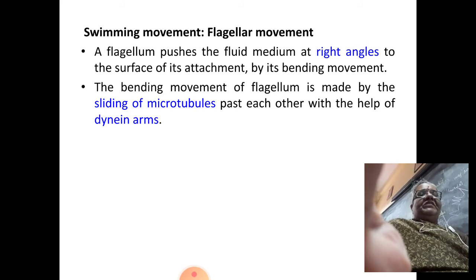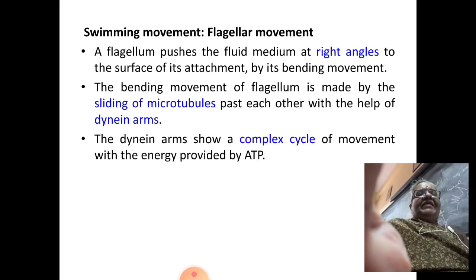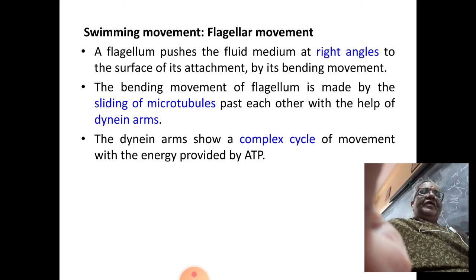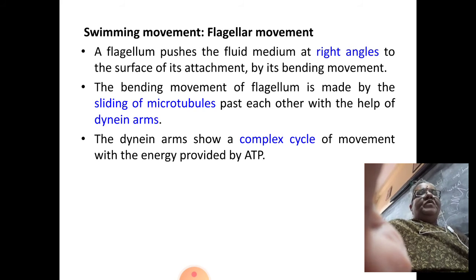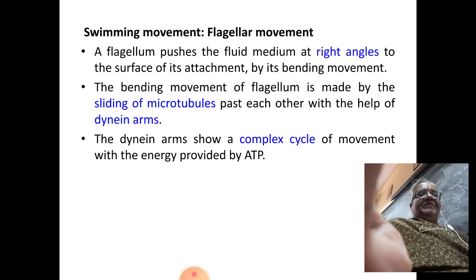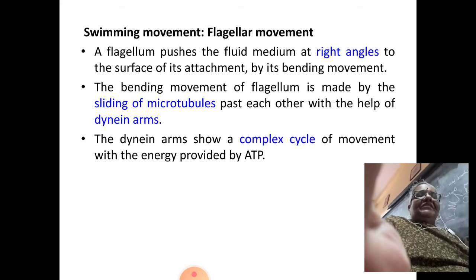The bending movement of the flagellum is made by the sliding of microtubules past each other with the help of dynein arms. Let us see how exactly it happens. Dynein is a protein, and these dynein arms show a complex cycle of movement with the energy provided by ATP, that is adenosine triphosphate.